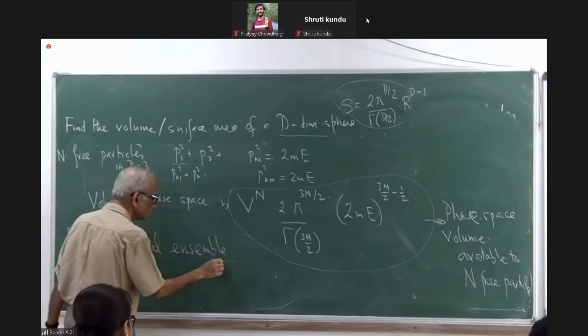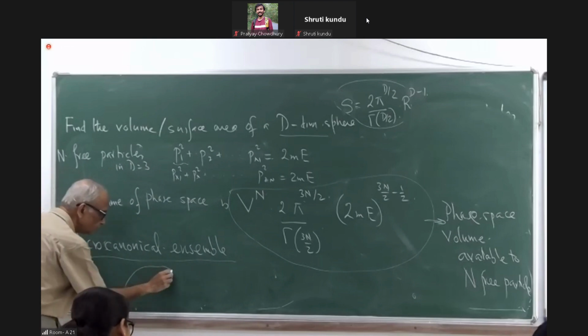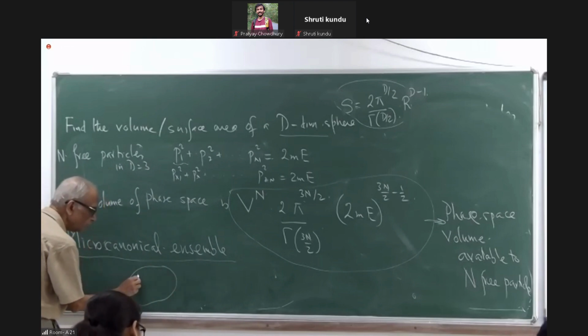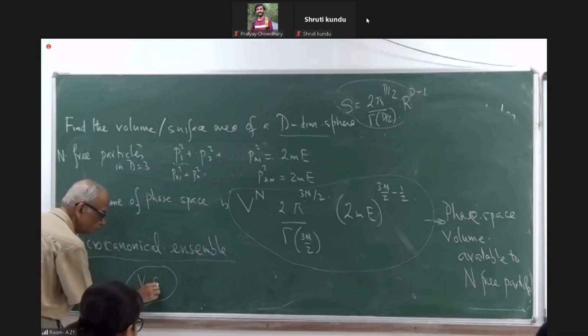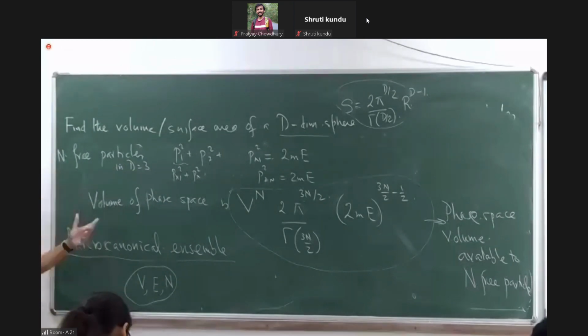That is, an ensemble is the collection of N particles, and a microcanonical ensemble simply means that N particles are confined in a volume V with a given E. E is fixed, V is fixed, N is fixed, and the particles are free to move around.